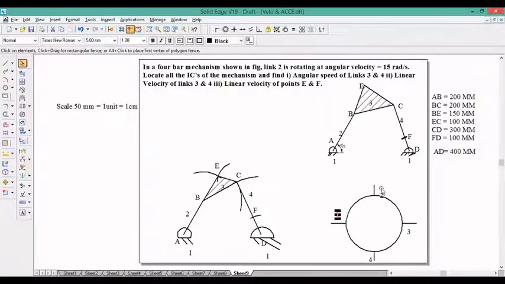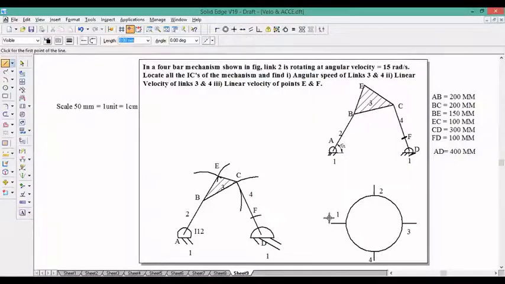Now locate the visible, permanent, and fixed instantaneous centers. See the point A itself, I12, because it's fixed. So I12 will locate it, join 1 to 2 by a visible line.